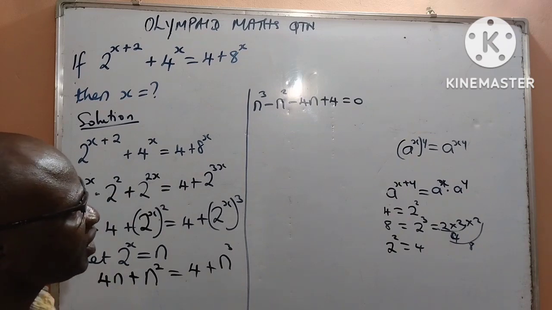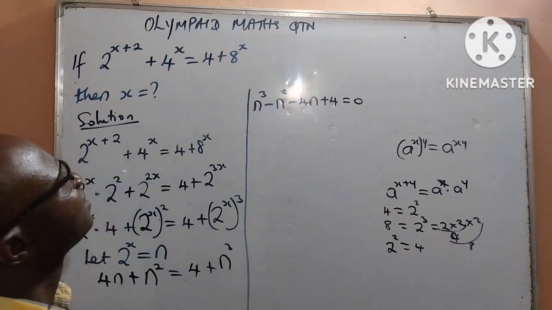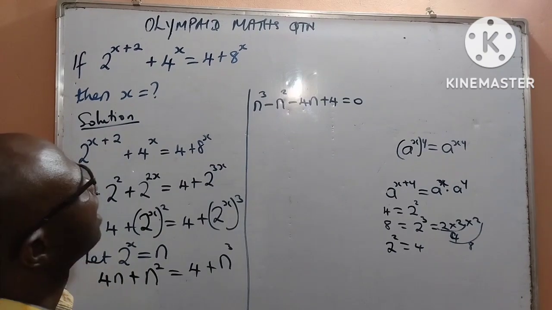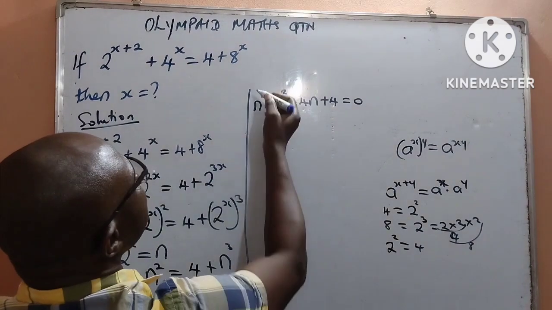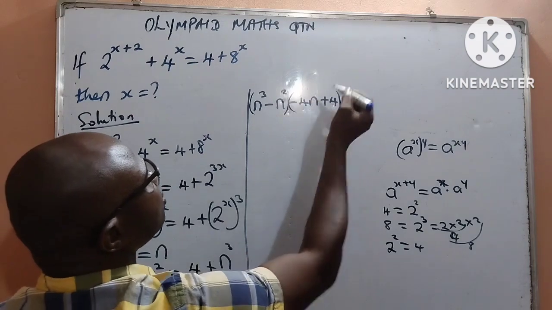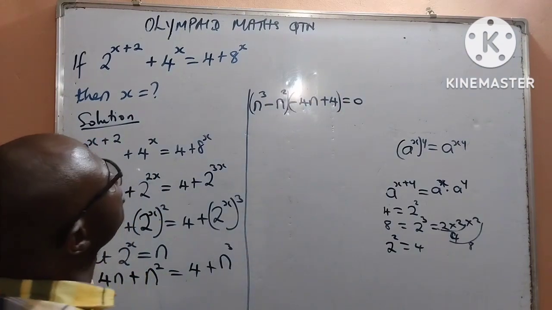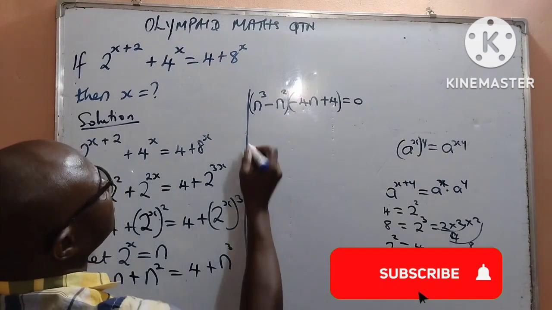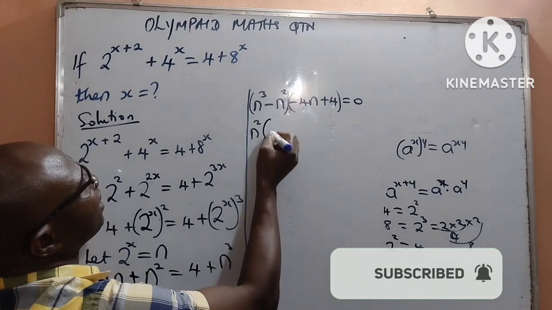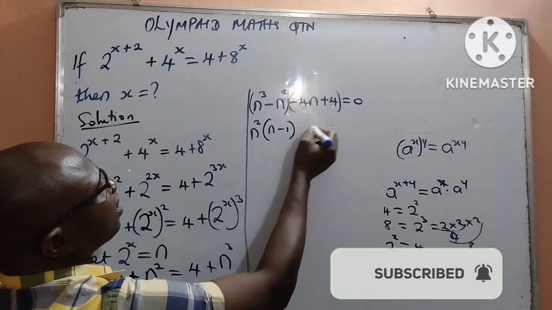Very good. Now, as it stands, I can factor what is common. That means I can put these two into a bracket and these two also into a bracket. To find what is common in the first bracket, n to the power 2 is common, giving me inside the bracket n minus 1.